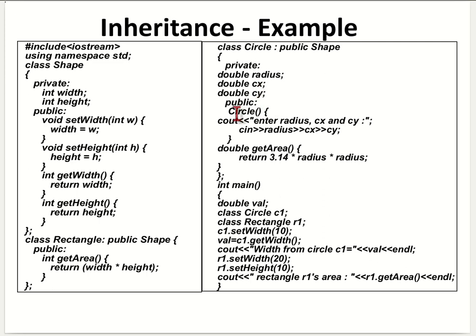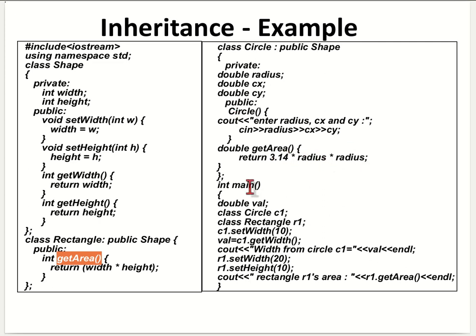Here we can see a constructor which accepts the radius and so on. Then get area. Here get area of the rectangle is what? It is width into height. In case of the circle, get area is pi r square, so we are returning 3.14 into radius.